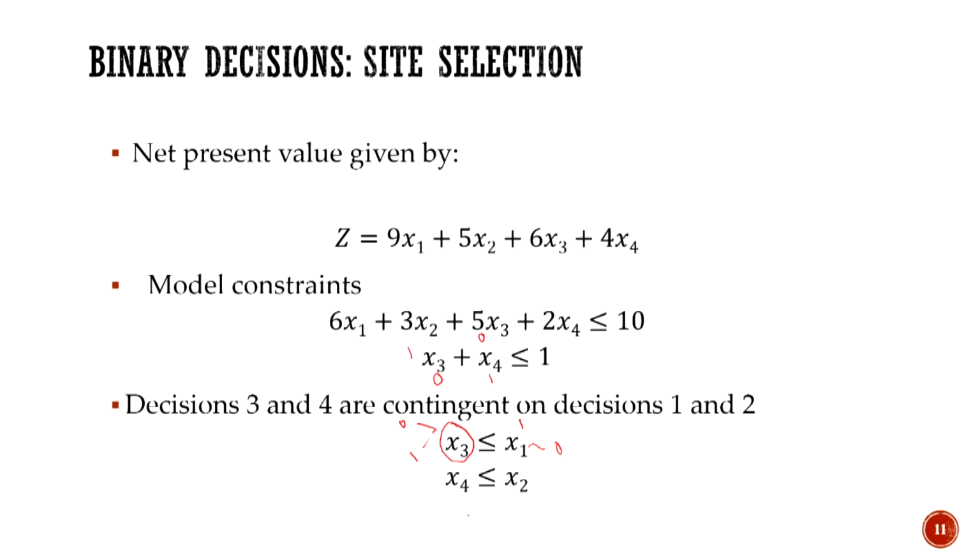The same for the other decision variable, x4. So if x2 is 1, then x4 can be 0 or 1. But if it is 0, it has to be 0.